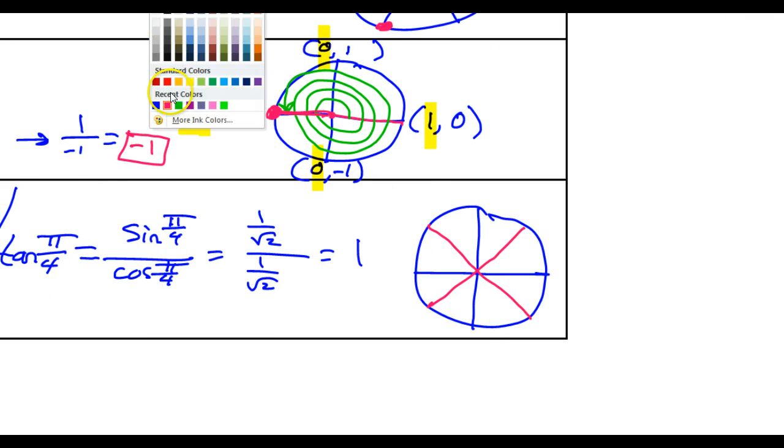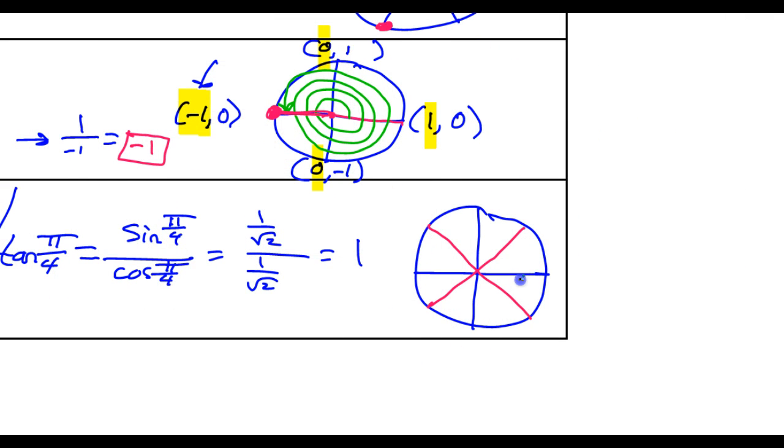So I'm going to go in the negative direction, 1, 2, 3. So that's going to put me right here. So here's where I land, where I just put that dot. So in this quadrant, the third quadrant, sine and cosine are both negative. So this would have been negative, and this would have been negative. But a negative divided by a negative is a positive. So I'm going to get positive 1.